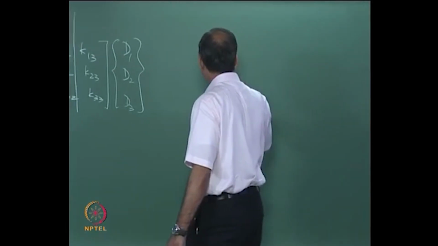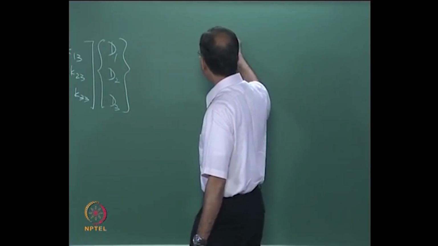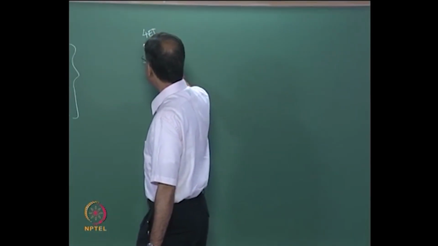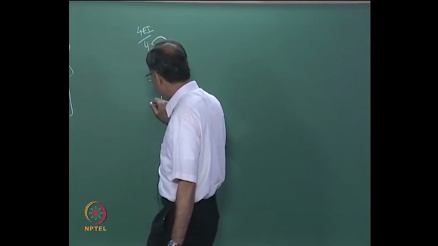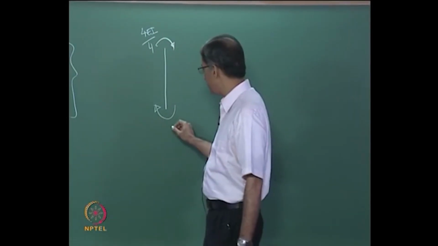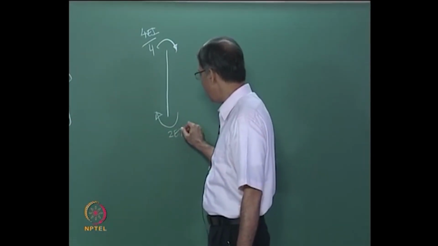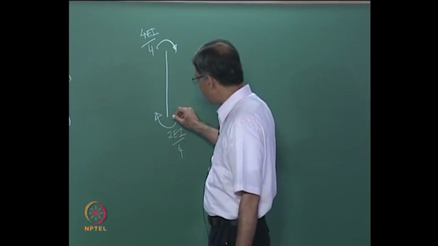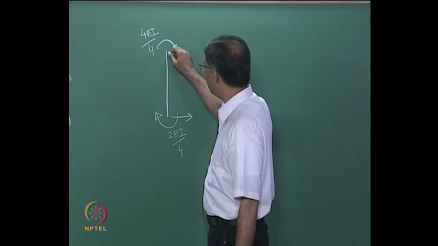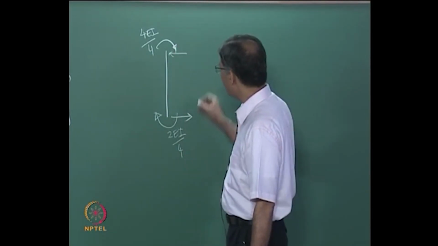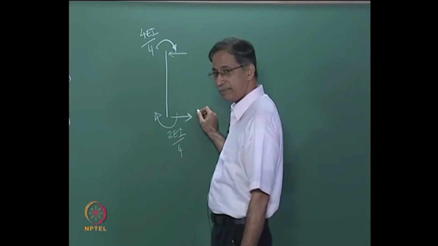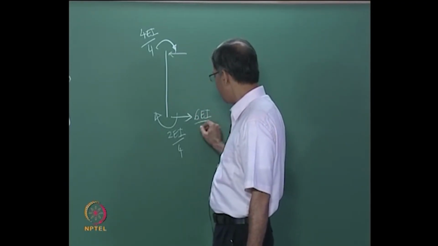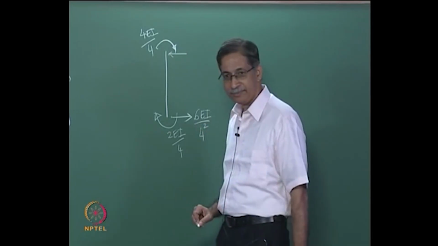So you had here, if you take that column, you had how much? 4 EI by 4. And what do you get here? 2 EI by 4. And this will give you shears which are going to be equal to 6 EI by 4 squared.